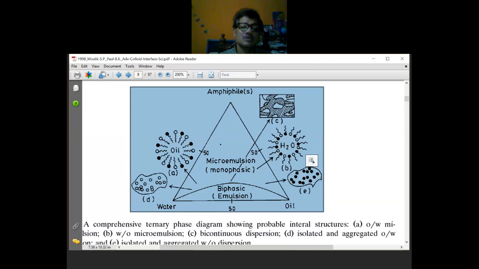Again, if I think of the extreme left, where you have only water and surfactant or amphiphile dissolved in water, only water, so you get a normal micelle. And if you go on adding oil into it, the oil will be dispersed in the core and you get an oil in water dispersion. And you see, this is the boundary line. Like you determined the critical solution temperature in the phenol water mixture, remember that. I don't know whether you did it or not in your practical class.